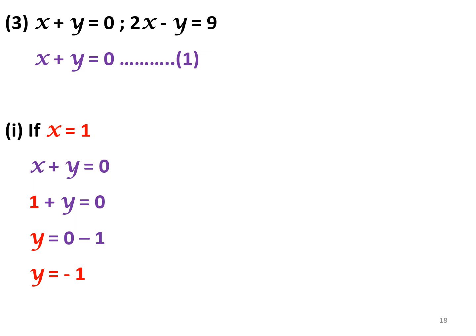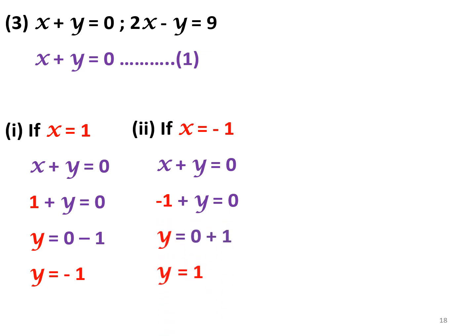So when the value of x is 1, the value of y is minus 1. Next, if the value of x is taken as minus 1, x plus y is equal to 0, minus 1 plus y is equal to 0, y is equal to 0 plus 1, therefore y is equal to 1.